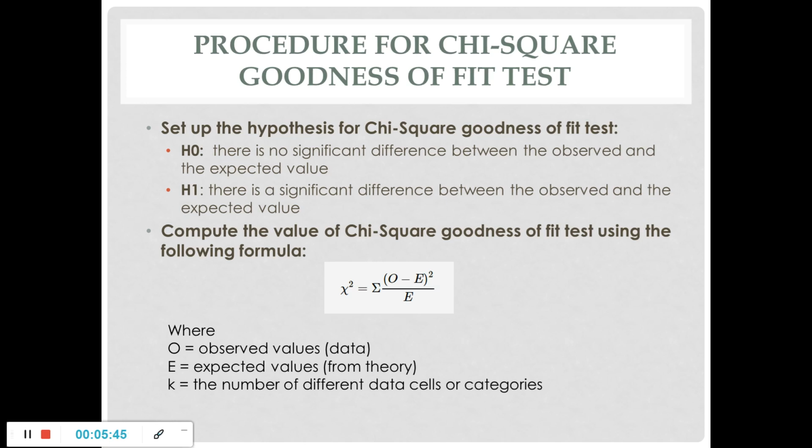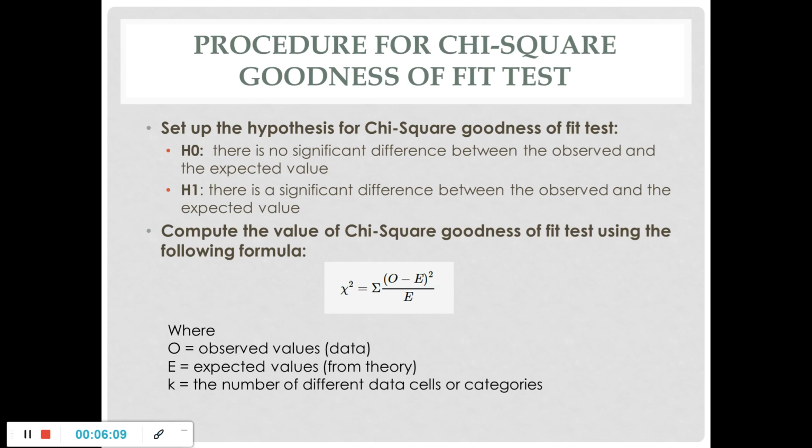Your alternative hypothesis can be specified like this: there is a significant difference between the observed and expected value. This is how you specify the null and alternative hypothesis under the chi-square goodness of fit test.